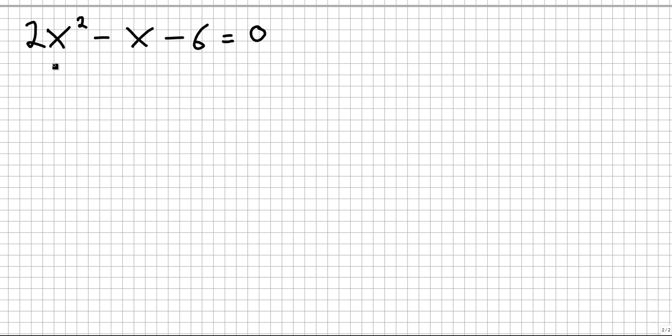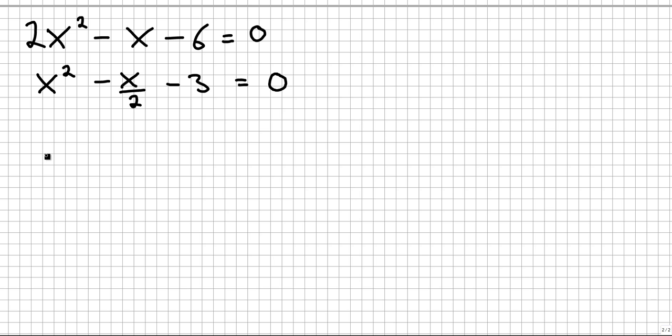It's easier to get rid of the 2 in front of the x^2 term. So I'm going to divide the left side of the equation by 2, and everything on the right side by 2. So if I take this part divided by 2, we're going to end up with x^2 minus x divided by 2, which is minus x over 2, minus 6 divided by 2 is minus 3. 0 divided by 2 is still 0.